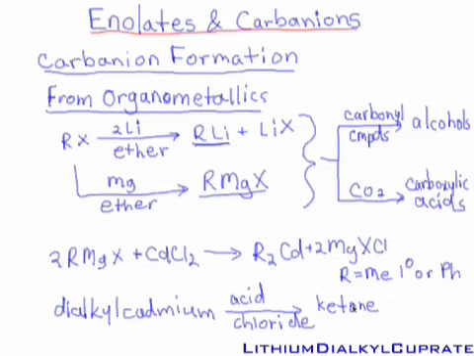You can do a similar reaction with a dialkyl copper reagent. But the dialkyl copper reagent is prepared from 2 alkyl lithiums. Dialkyl copper is more powerful than a cadmium reagent as an alkylator, but it's weaker than a Grignard. It's reacted with cuprous iodide, the 2 alkyl lithiums, and you produce a lithium dialkylcuprate.